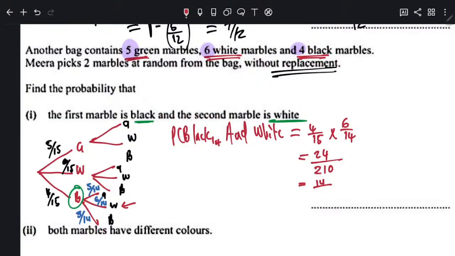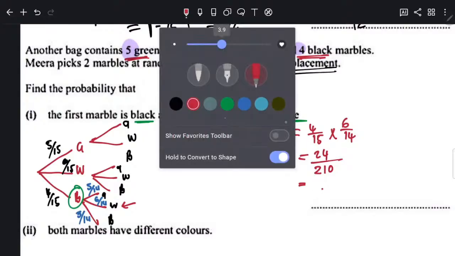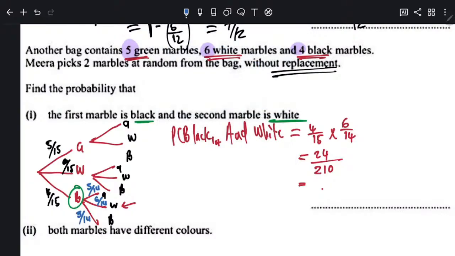Here, reduce to lowest terms: 24 over 210. What over what? 4 over? 4 over 35. Well done. 4 over 35. You are doing very well.